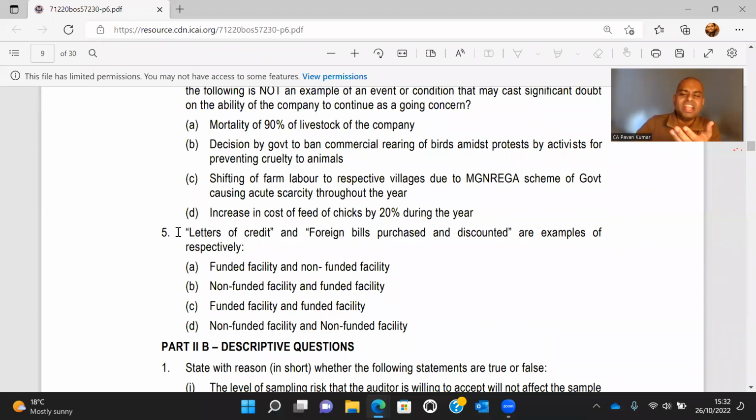Ray, shameless. Everybody is telling funded. Sanction limit will be for both put together. Write down if you have the notes. Sanction limit will be for both funded and non-funded facilities put together.